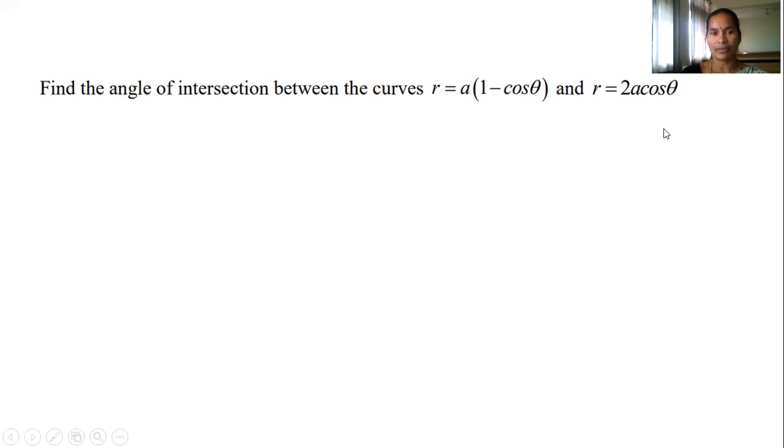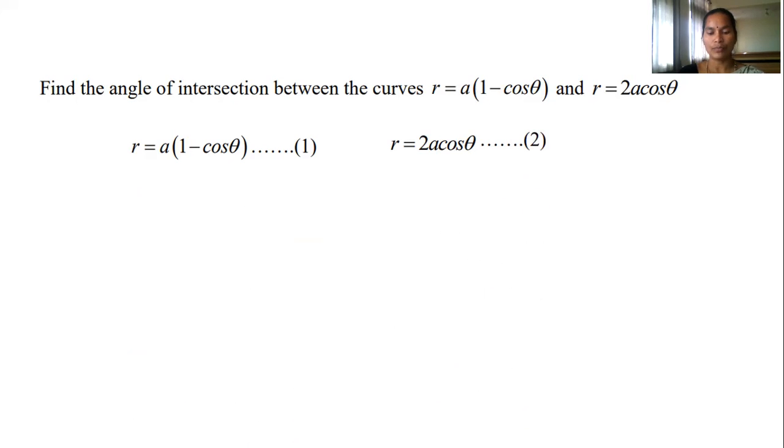We have to work separately to find the angle between the radius vector and the tangent. Here r equals a into 1 minus cos theta is equation 1, and similarly the second, r equals 2a into cos theta, we call equation 2.